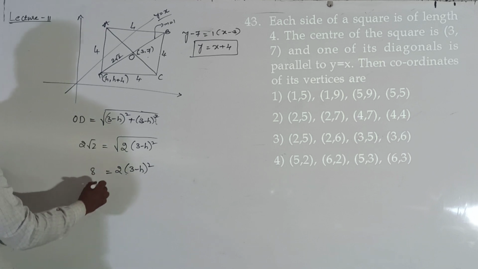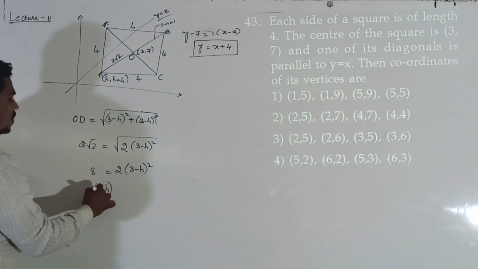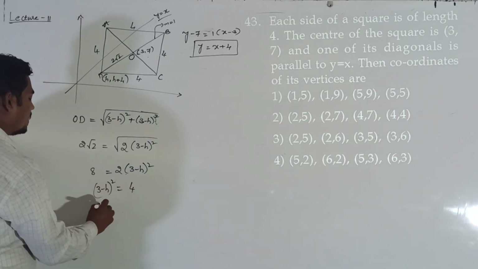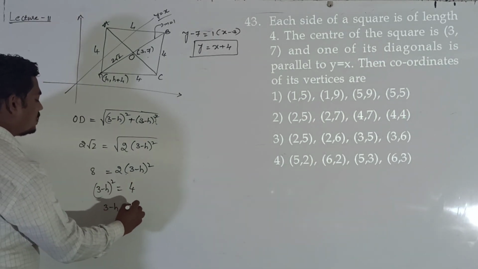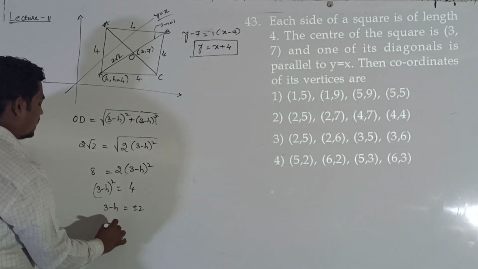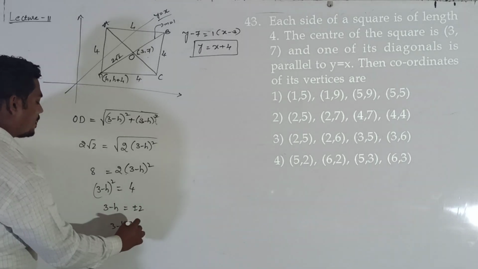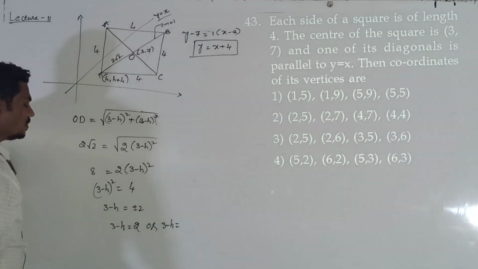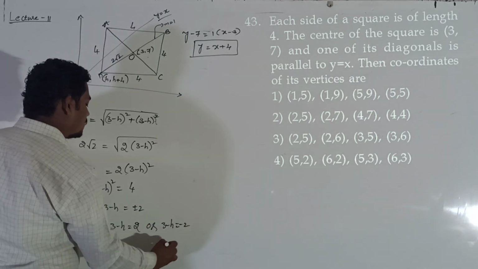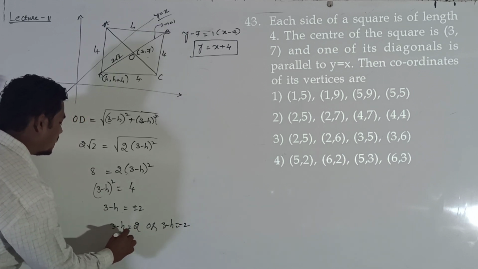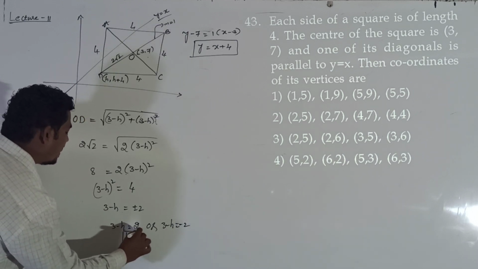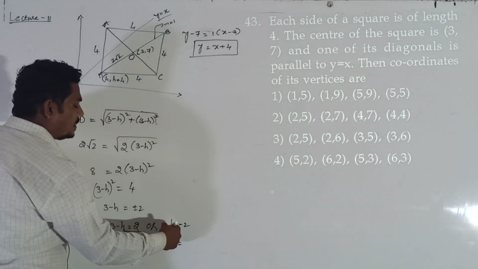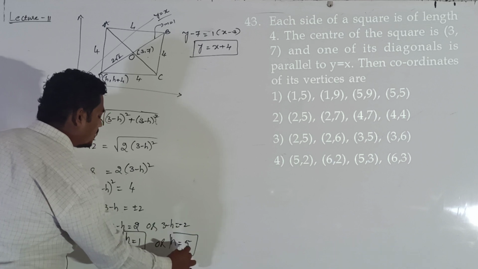Then 3 minus h whole square is equal to 4. Then 3 minus h is equal to plus or minus 2. Then 3 minus h is equal to plus 2, or 3 minus h is equal to minus 2. Means h equal to 1, it is one of the possibilities, or by rearrangement h equal to 5.